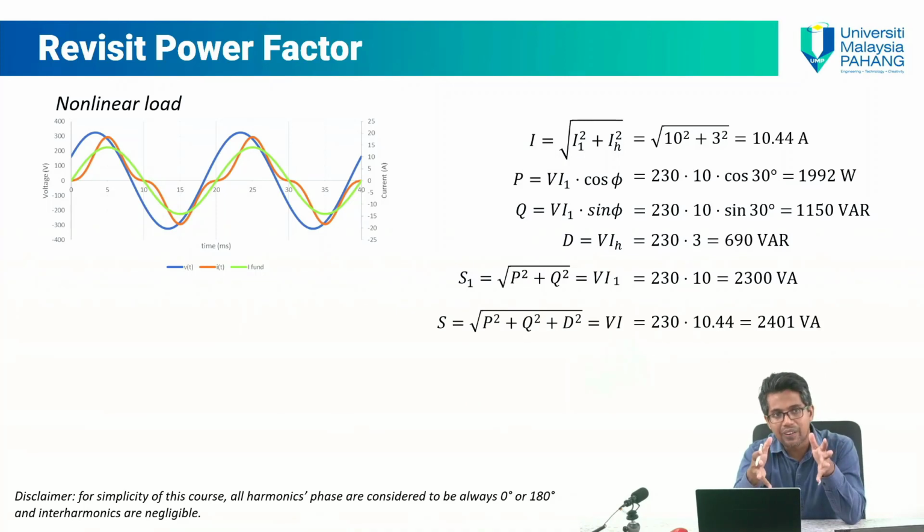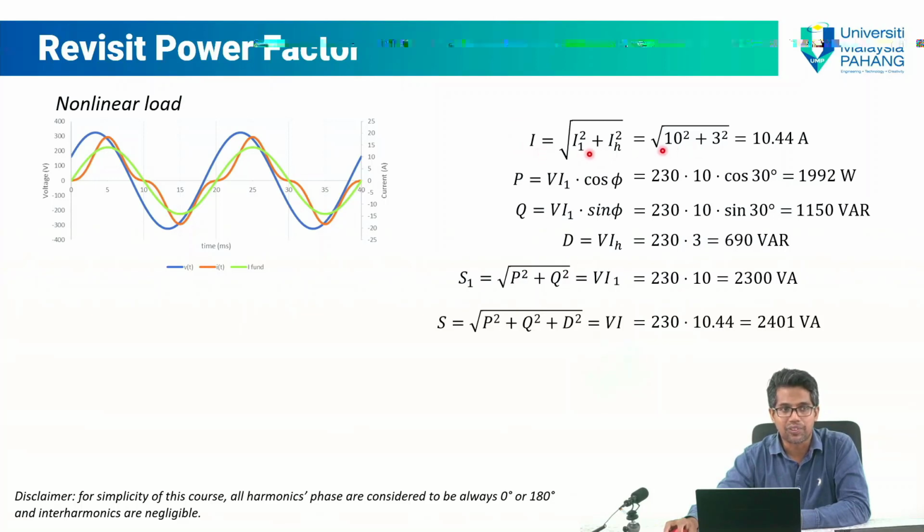Let's take a look at our example. Now you can calculate the total current. Total current comes from the fundamental current plus the harmonics current.